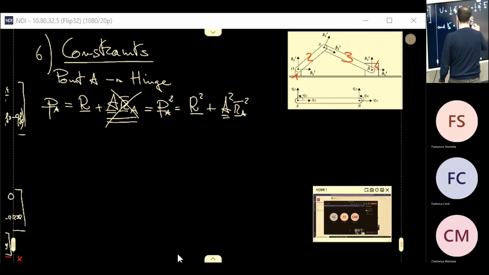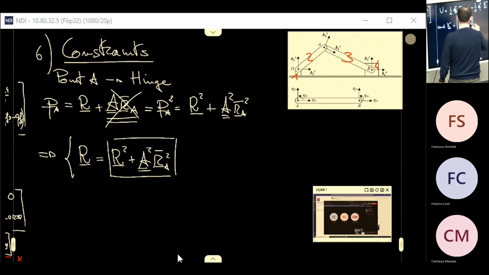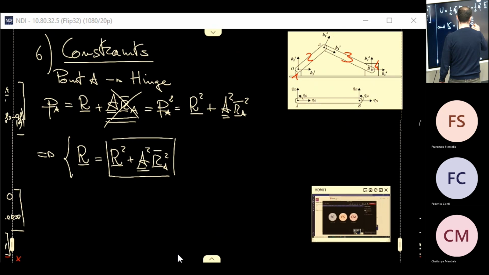So our condition is very simply R, and of course all this second term will be expressed in terms of the rigid coordinates with which I describe the dynamics of body 2.